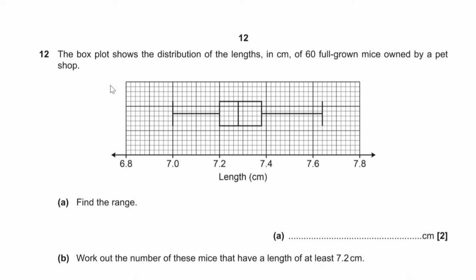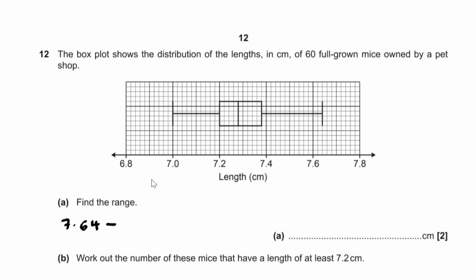Question number 12. The box plot shows the distribution of the lengths in centimeters of 64 grown mice owned by a pet shop. For part A, we have to find the range. Well, the range is the biggest value, take away the smallest value. The biggest value is equal to 7.64.